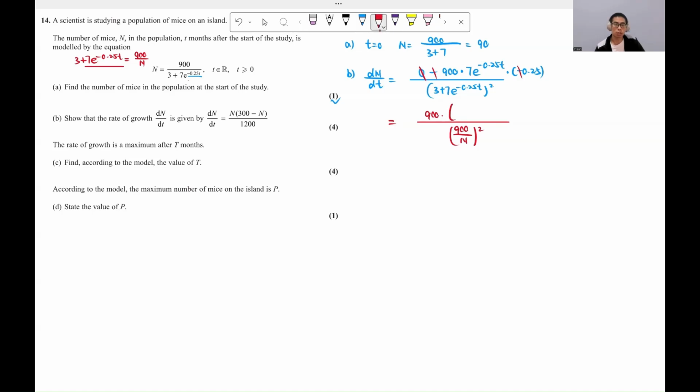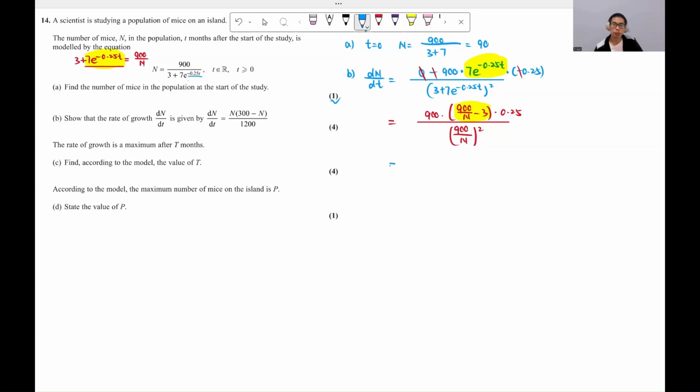We can change that into (900 over n minus 3), and then times 0.25. Because for 7e to the power negative 0.25t, we can just minus 3 on both sides to make 7e to the power negative 0.25t the subject, which is 900 over n minus 3. Okay, now we have everything in terms of n. We just have to simplify it until we get the same form.